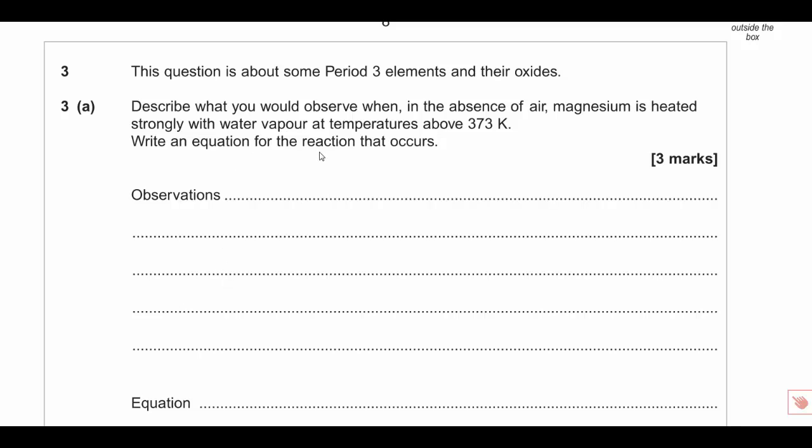So, magnesium is heated strongly with water vapour. We would find bright white light. We would see white powder or residue remaining.